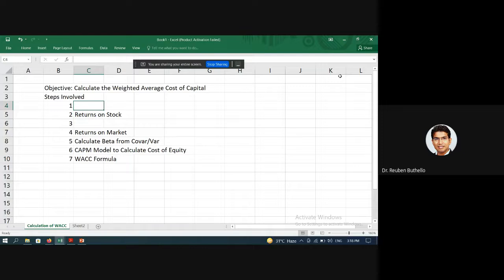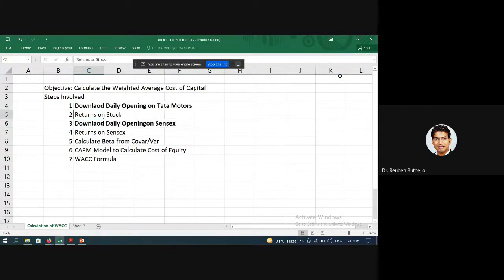Download Tata Motors on Sensex. So what we've done is we've finished the first one. We finished point number 3.